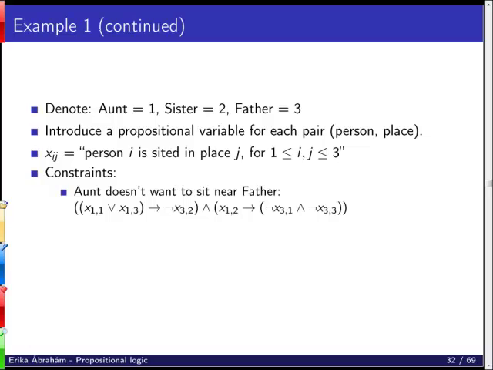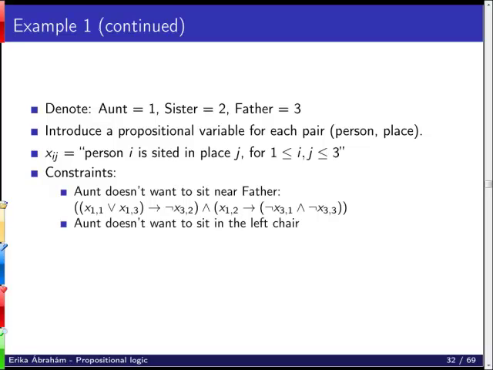So the aunt doesn't want to sit near father means if the aunt sits on the left or on the right, then the father doesn't sit in the middle. And the other combination is that the aunt sits in the middle, and then the father sits neither on the left nor on the right. This is a very strong constraint.